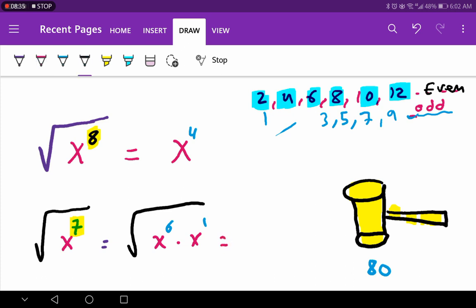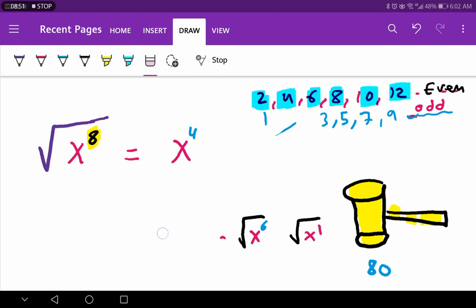I can cut the radical into 2 small radicals like this and distribute them to the x with power 6 and x with power 1. Are you happy with that? Me too. And as we learned before, this gives me what? Yes, x with power 3.